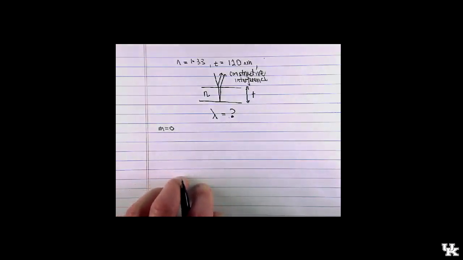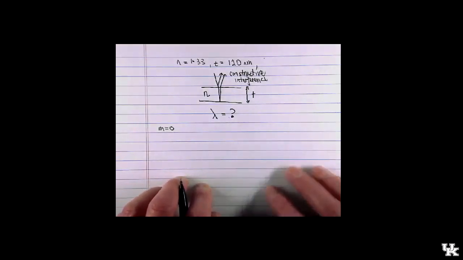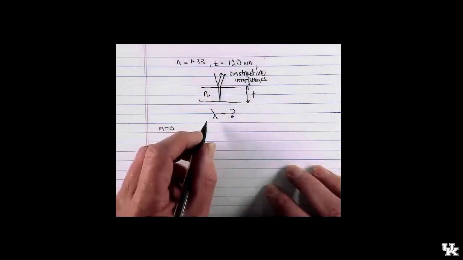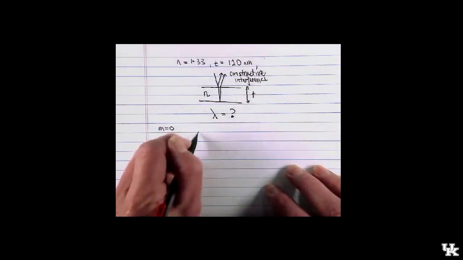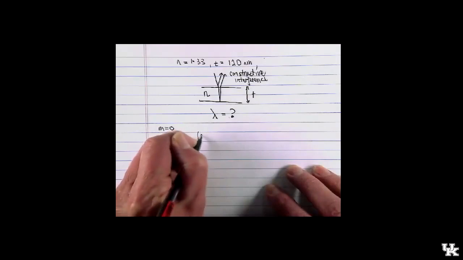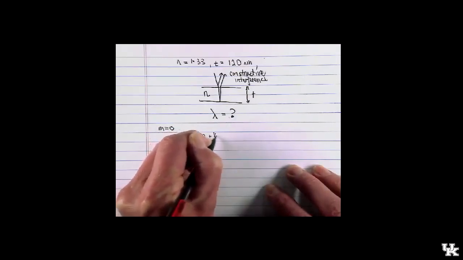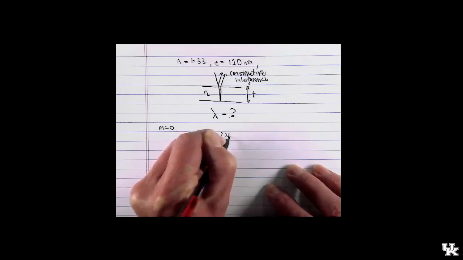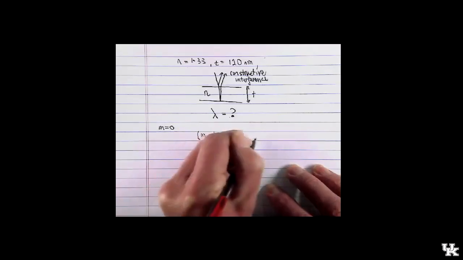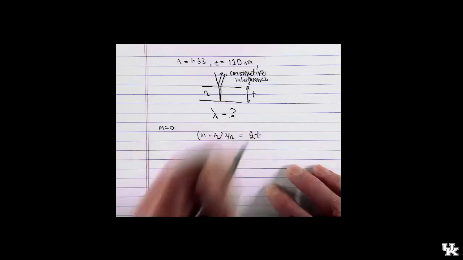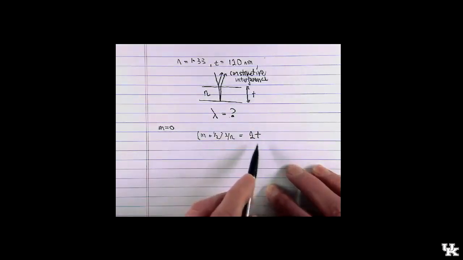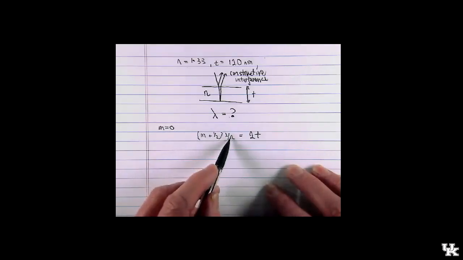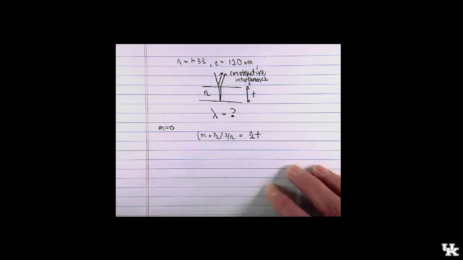The master equation for bright fringes is this one. Over here on the right is the extra distance that we travel, twice the thickness of the film, 2t. We've got lambda over n. Lambda here is the wavelength in empty space.